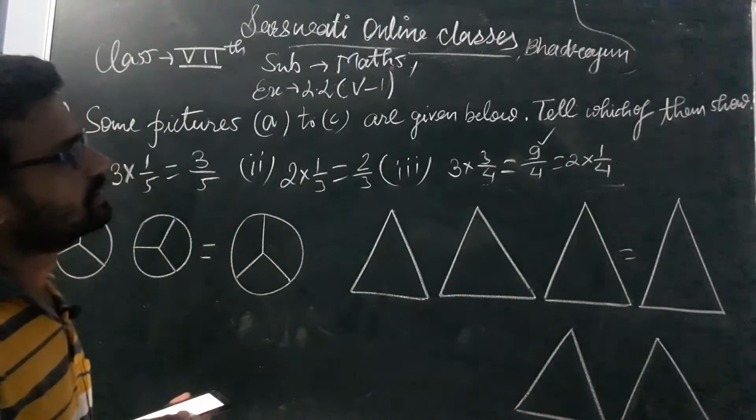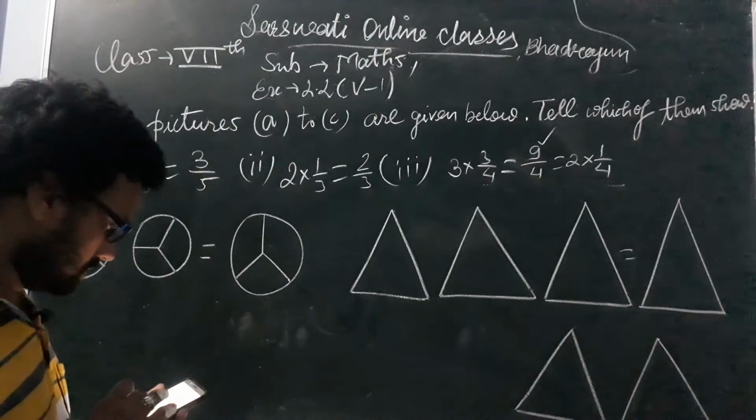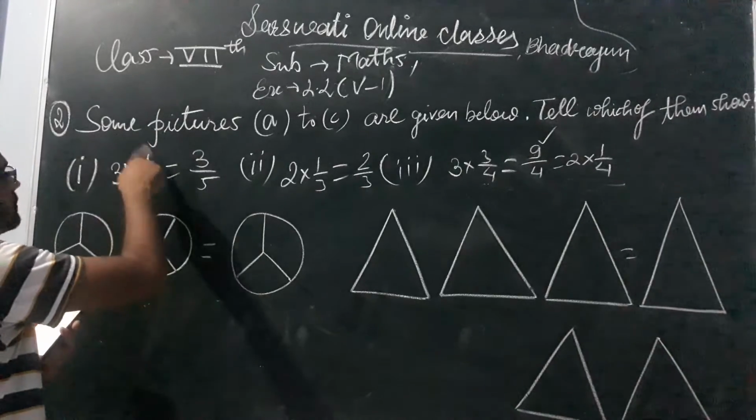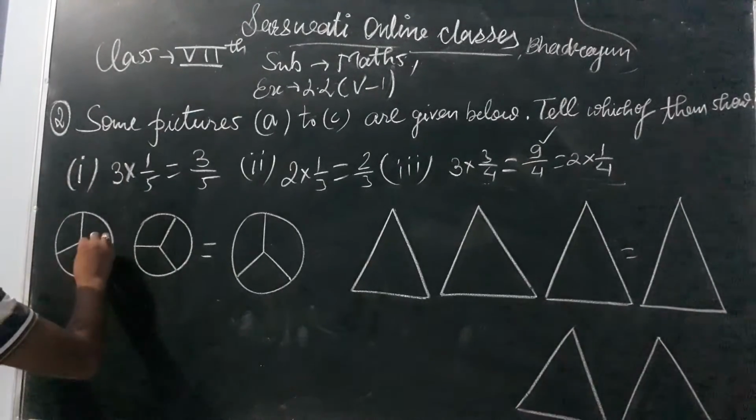Tell which of them show. Our first part is 3 into 1 by 5, which is 3 by 5.